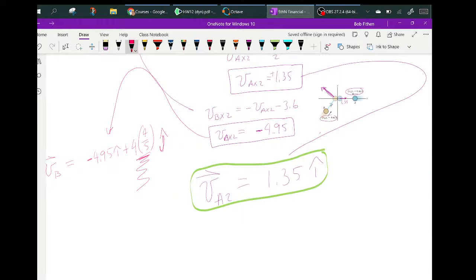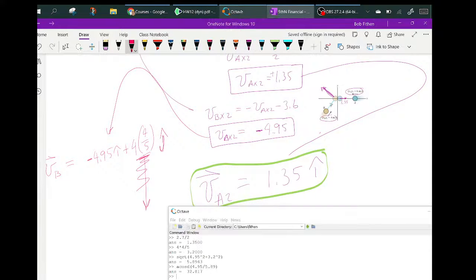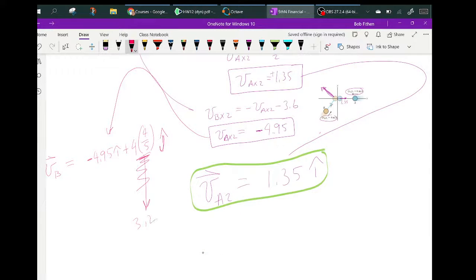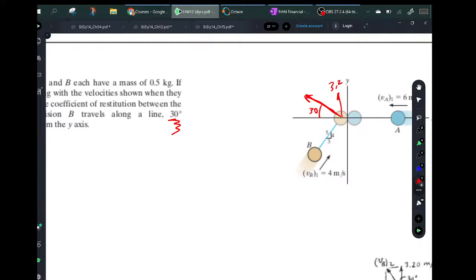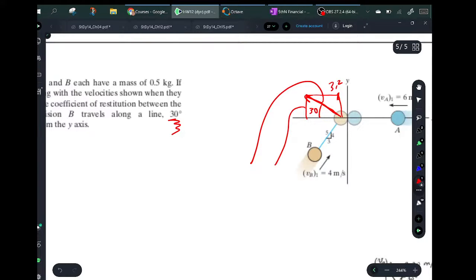In other words, this number, 16 over 5, is 3.2. If that's 3.2, hang on, and this is 30 degrees, and what is this, and what is that?